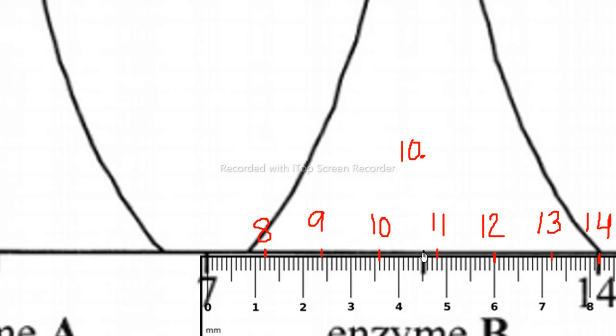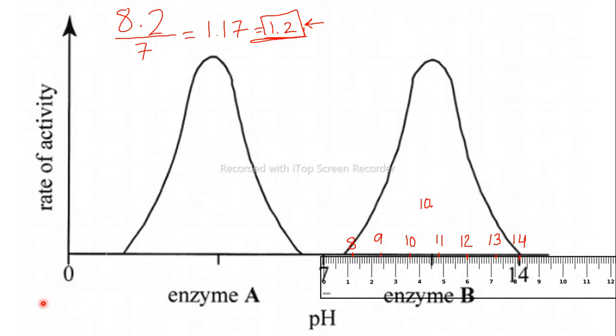So it can't be 10.5. It'll be 10.8 or 10.7. If we were to do this incrementally, this will be 10.1, 10.2, 10.3, 10.4, 10.5, 10.6, 10.7, 10.8, 10.9, 11. No, that wouldn't work. So we have to kind of gauge it. I'd give it 10.8. Either 10.8 or 10.7.